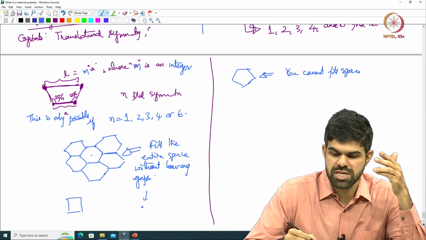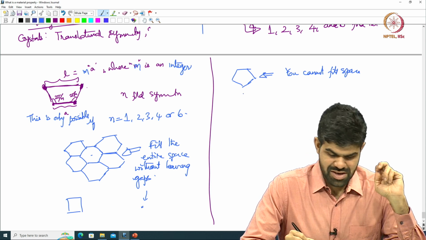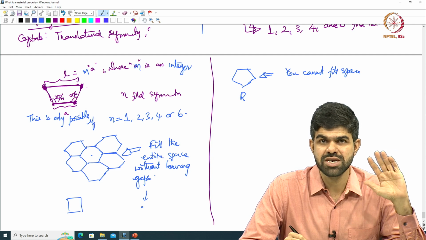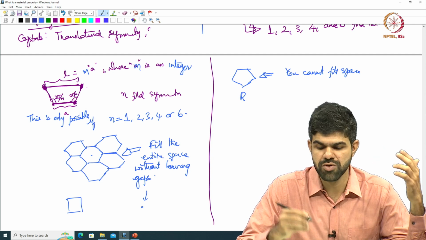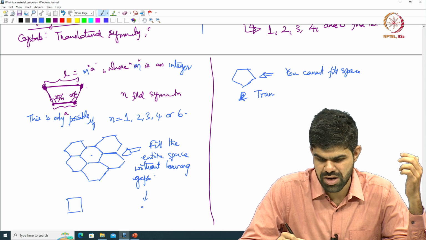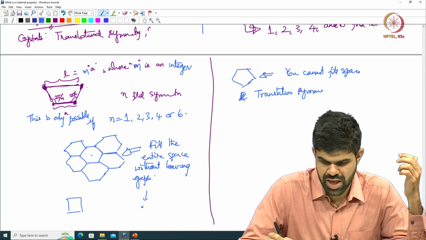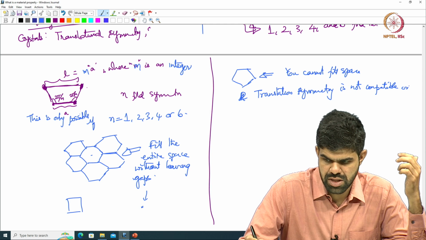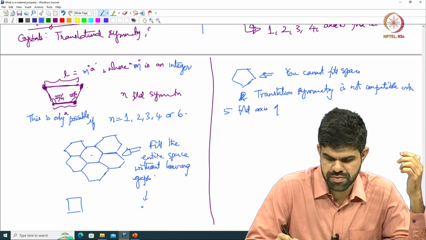And that is what this means. This means that your translation symmetry, or filling space, is not compatible with a 5-fold axis of rotation. Translation symmetry is not compatible with a 5-fold axis of symmetry.